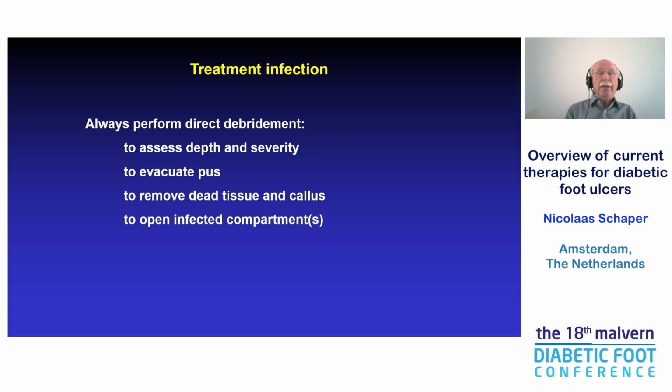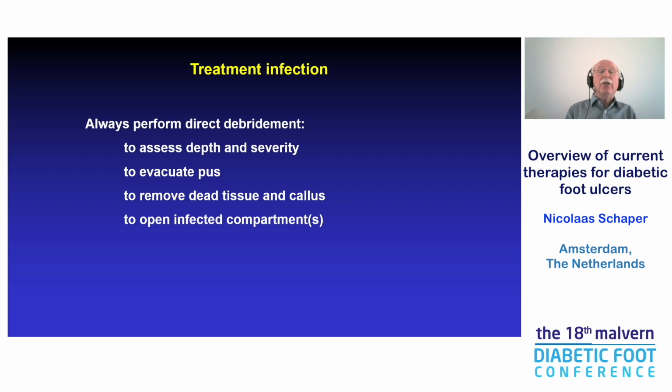You have to use a knife to clean the ulcer, to remove the callus, to remove the pus, and then with a sterile instrument, you can probe the ulcer to see if you go into, for instance, a joint or bone, because you can't see that, you have to feel that.